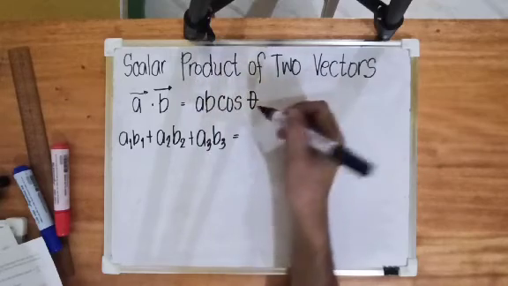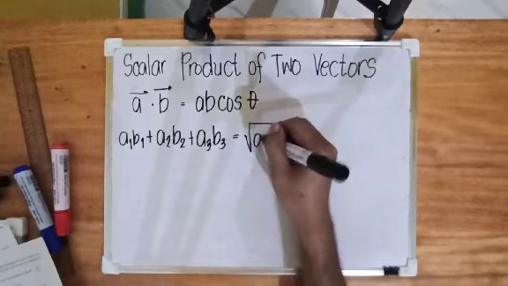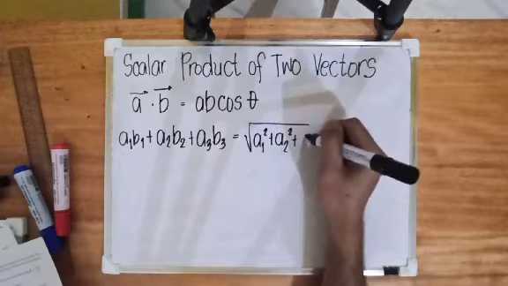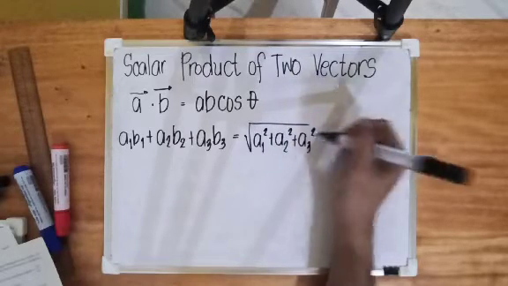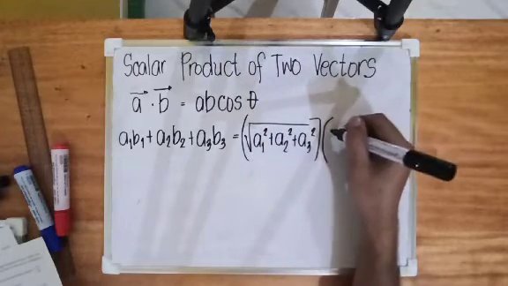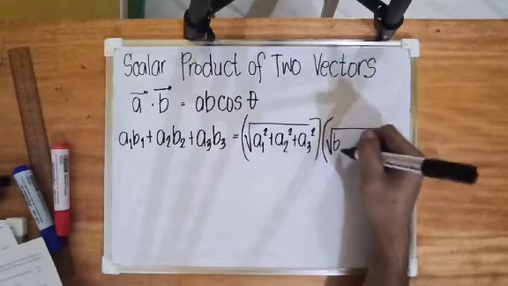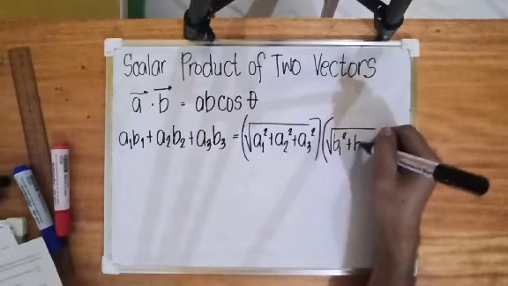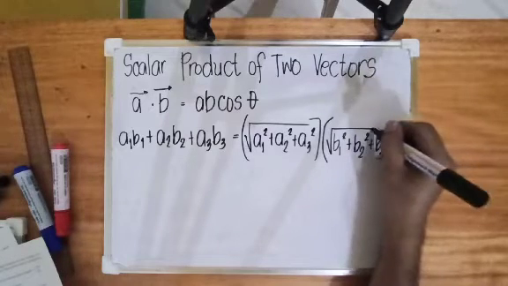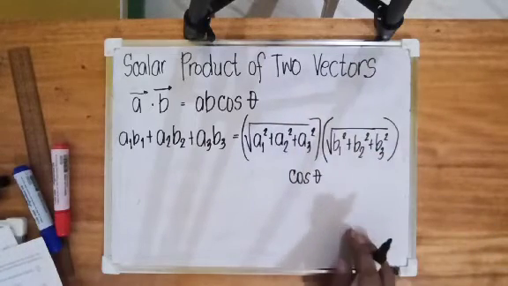And for the magnitudes of our two vectors, we have the square root of A1 squared plus A2 squared plus A3 squared, times the magnitude of B, which is the square root of B1 squared plus B2 squared plus B3 squared, times the cosine theta.